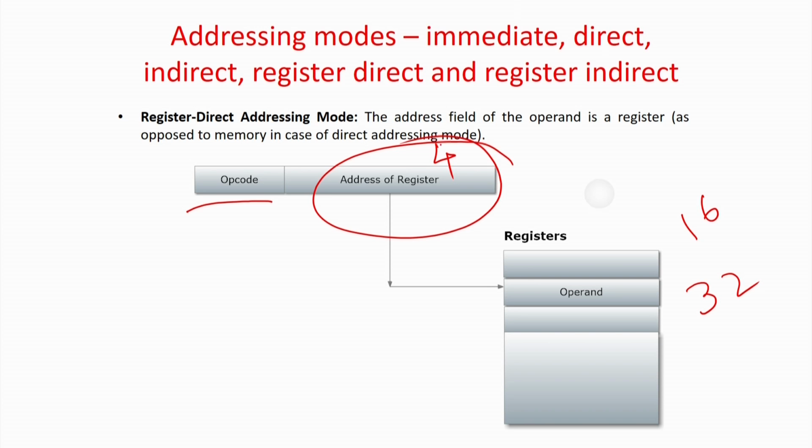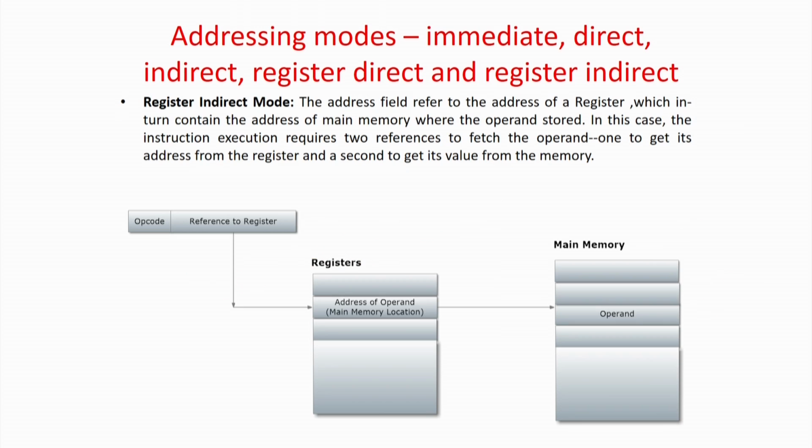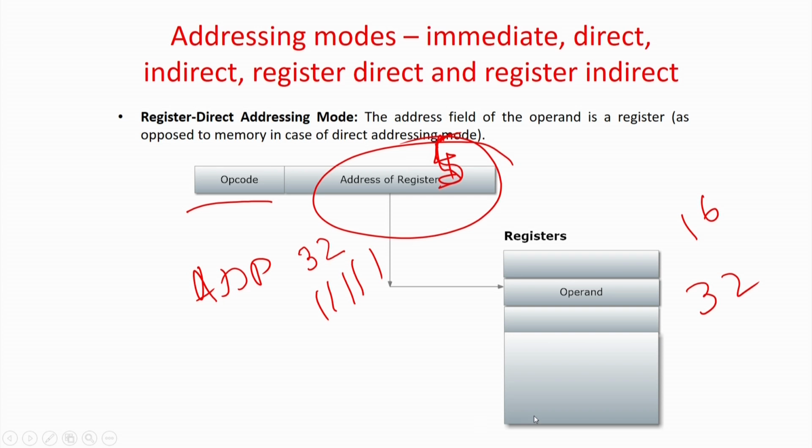If there are 32 registers, you just require 5 bits for the address of the register. Say, for example, you write add and then 32, that is 2 to the power 5, that is 1 1 1 1 1. Then you will be referring to the last register, if you are having 32 registers.